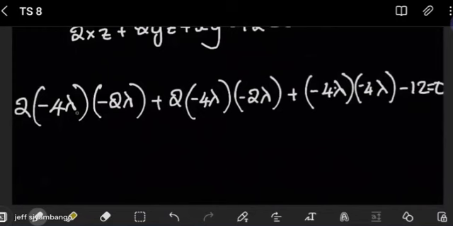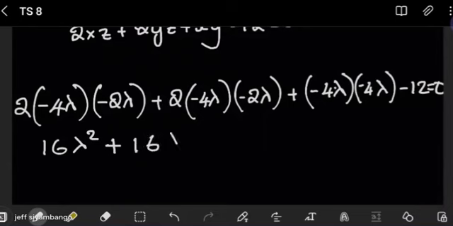When we multiply these, this is going to be plus 2 and 2, 4, 4 and 4, 16, 16 lambda squared. This becomes plus 2 and 2, 4, 4 and 4, 16 as well. So we have 16 lambda squared again. Okay, so let's continue.